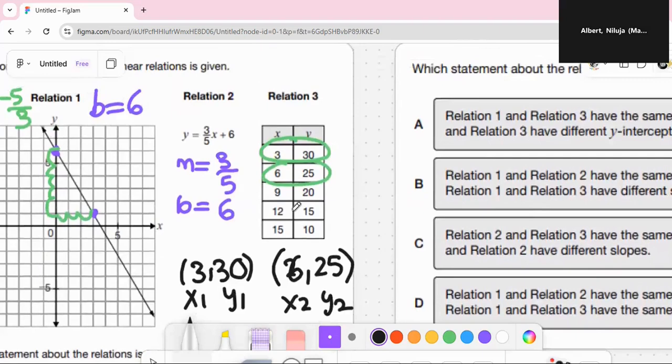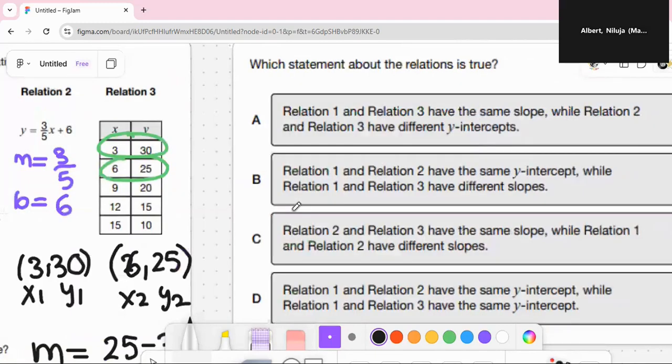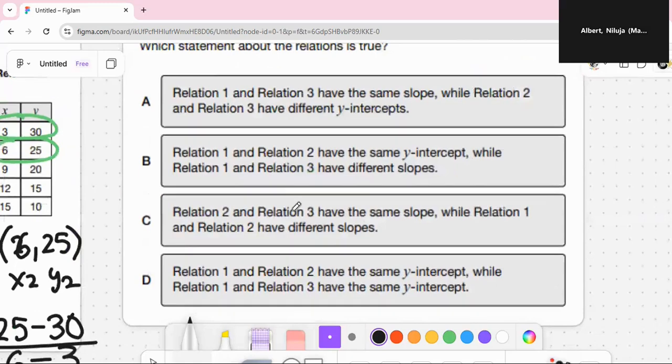So the graphs of relation 1 and 3 have the same slopes, but from what I have extrapolated from these three relationships, relation 1 and 2 have the same y-intercept. And if we look at all these statements, statement A says that relation 1 and relation 3 have the same slope, while relation 2 and relation 3 have different y-intercepts.